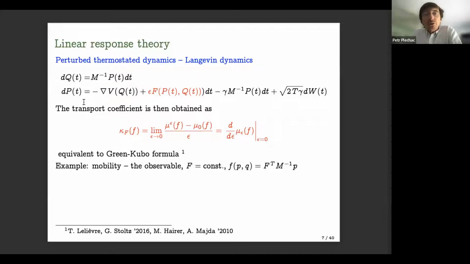So we will see this sort of linear response theory for Langevin dynamics. That's a Hamiltonian dynamics with a thermostat called Langevin thermostat, which allows sampling from the canonical distribution.